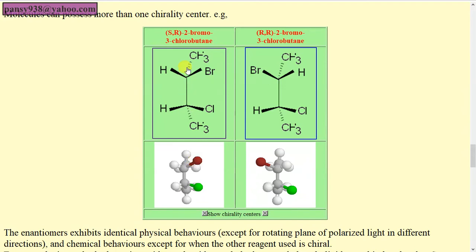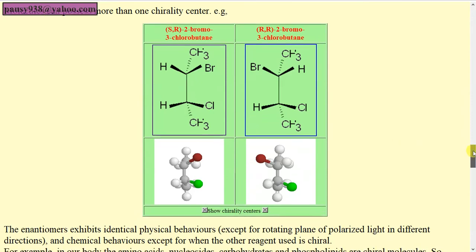You see in the two-dimensional diagram, the bromine and chlorine both are on one side, and here bromine is on the opposite side of the molecule, but the chlorine is on the same right side. So this part of the molecule is not showing the mirror image character.